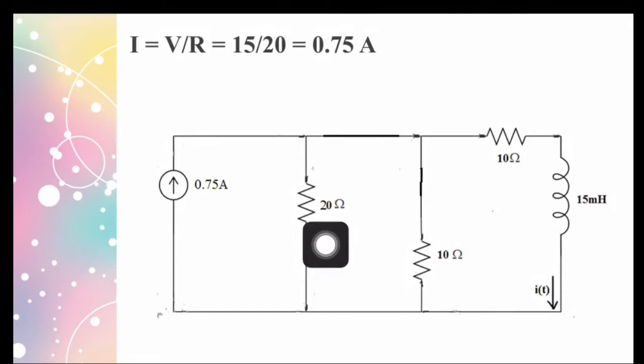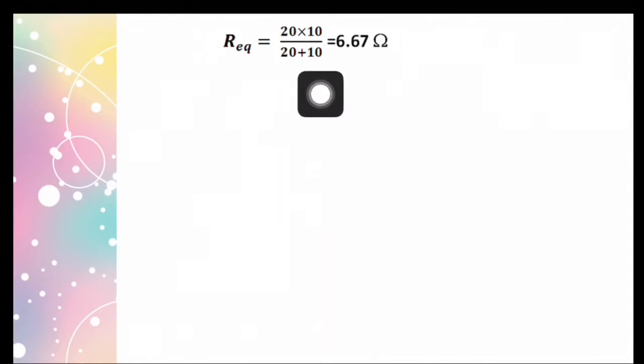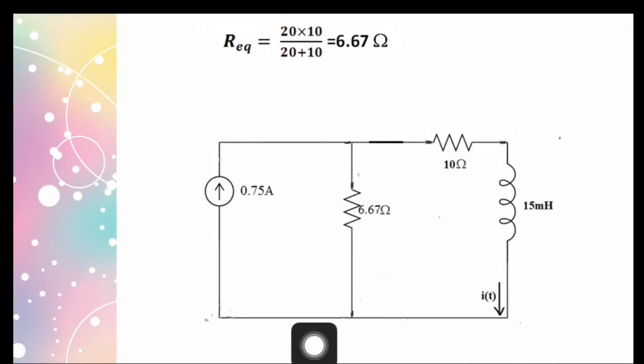Now you look at this 20 ohm resistor and 10 ohm resistor. They are connected in parallel. So we can replace them with their equivalent resistance, which is nothing but 20 into 10 by 20 plus 10, that is 6.67 ohms. Correspondingly, we get a network like this.